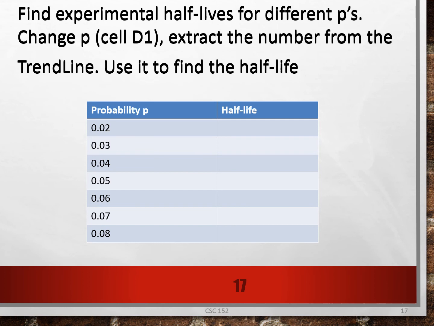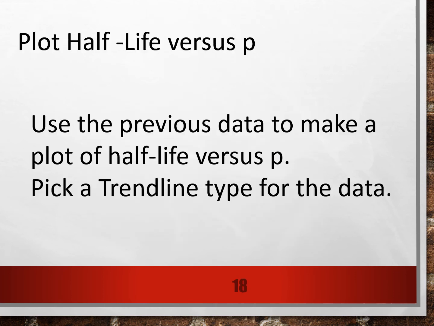And we want to see how the half-life depends on this p. So we'd like to look at how the half-life depends on p and make a plot of half-life versus p. So p was the parameter that we had in cell D1, so we are going to vary it.